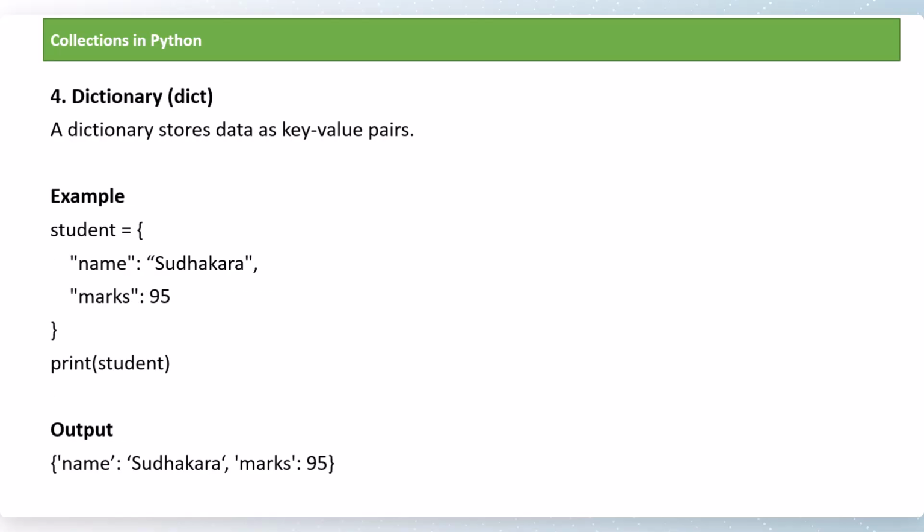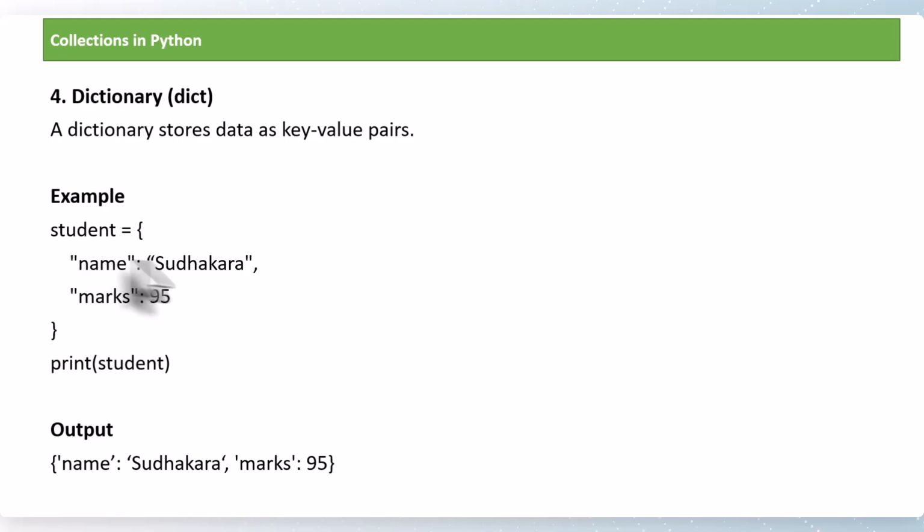The fourth type is a dictionary. Dictionary stores data as key value pairs. If you notice, I am creating a dictionary object here: student equal to curly brace, name Sudhakara, marks 95.